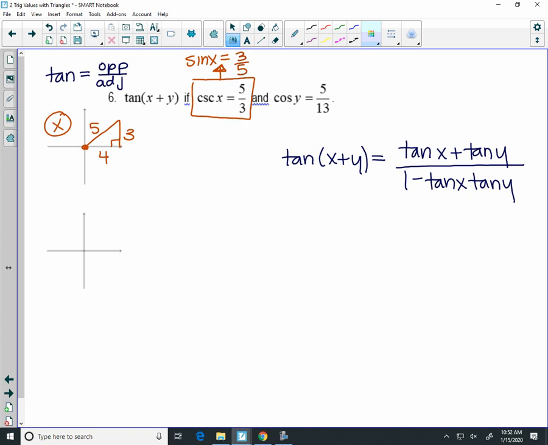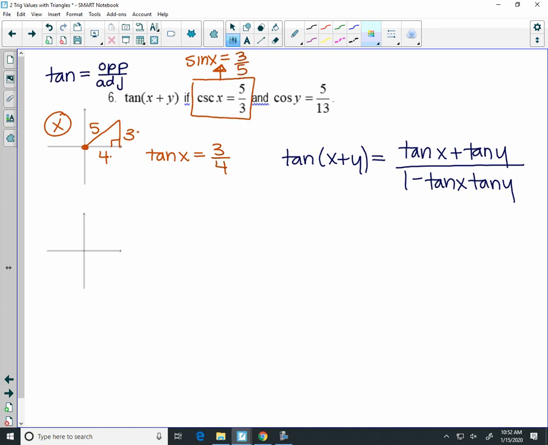Okay, so if we want tangent of x, tangent is opposite over adjacent. So it's 3 over 4.